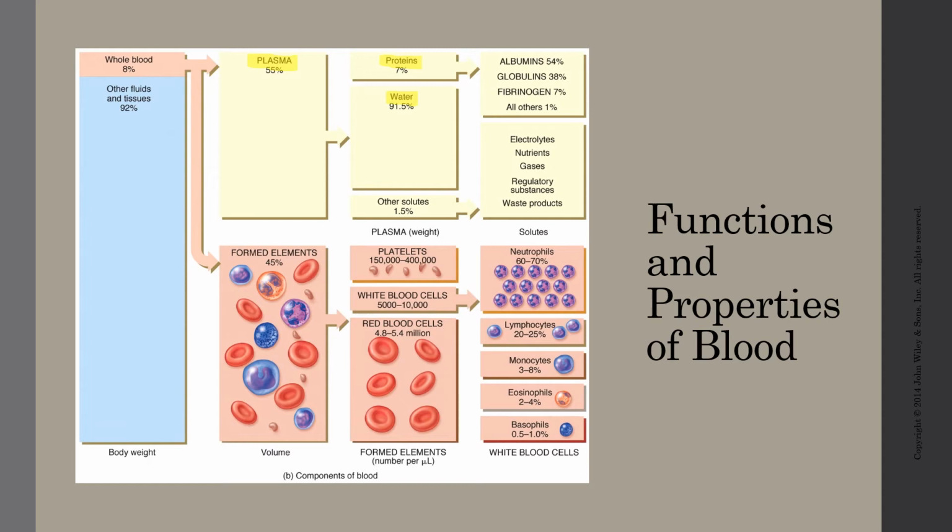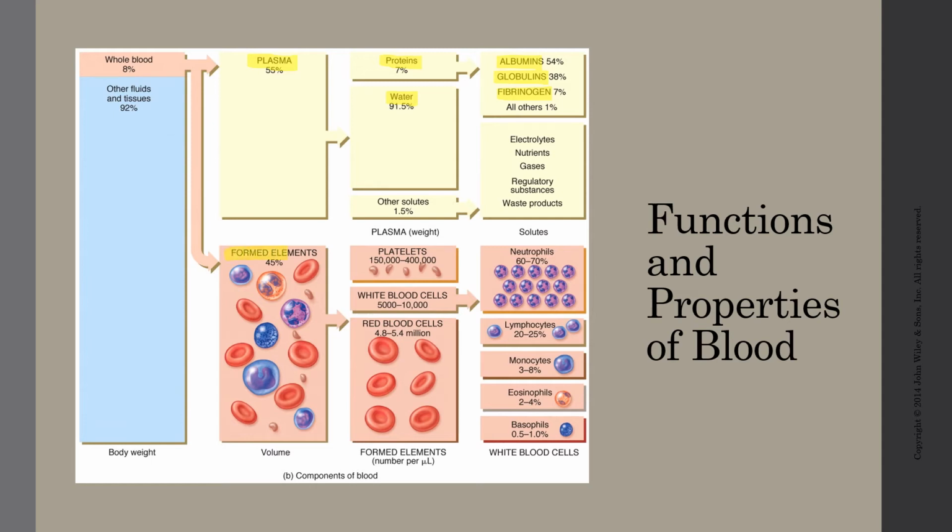Hepatocytes, which remember are liver cells, synthesize most of the plasma proteins, which include albumins, which is 54% of plasma proteins, globulins, which is 38%, and fibrinogen. So these are all made by the hepatocytes.